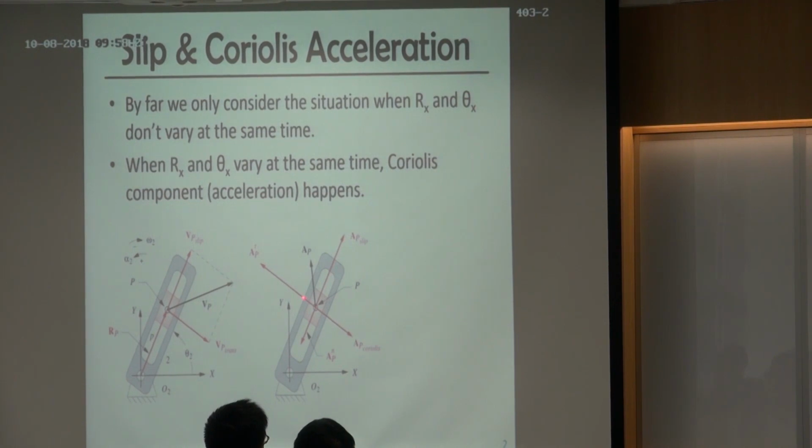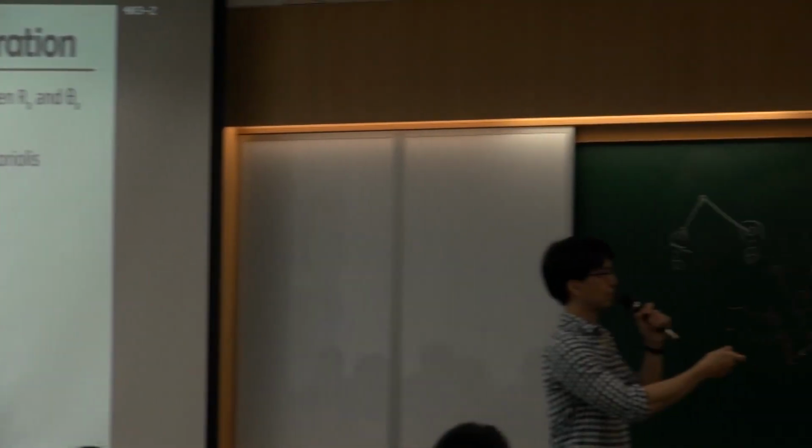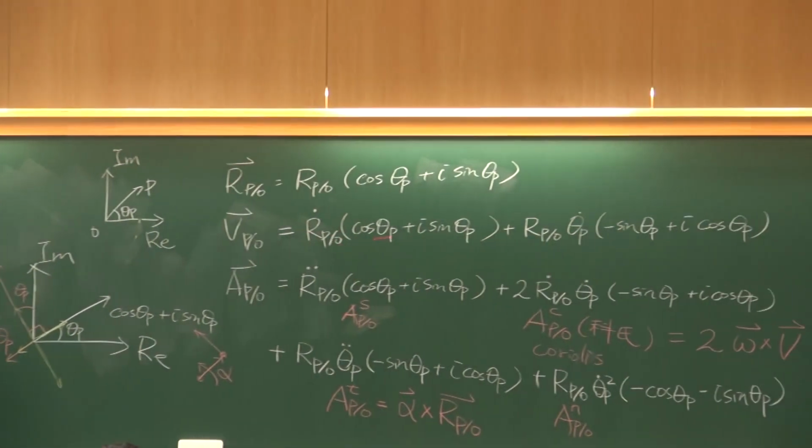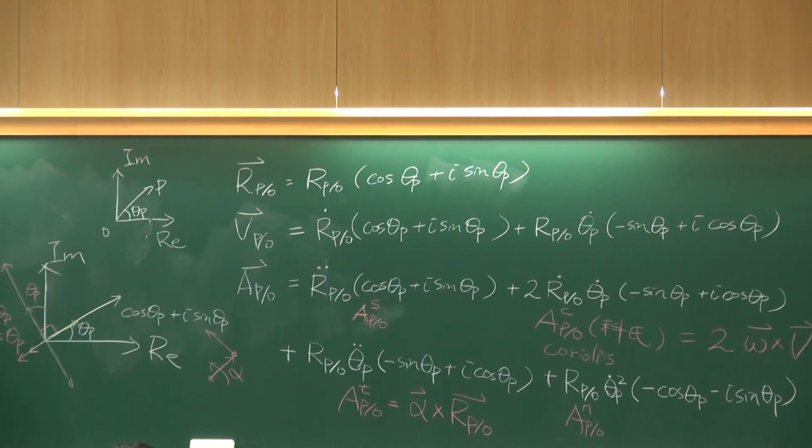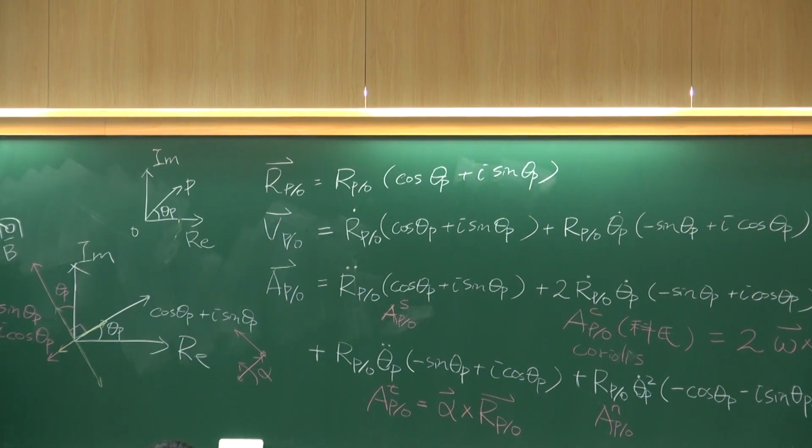The Coriolis and the tangent are always on this line, though the direction might be opposite. And this S component can be either this way or the same as the centripetal direction. So we need to pay attention to the sign of those terms, because they will decide the direction.